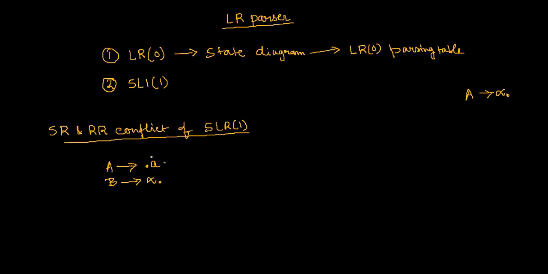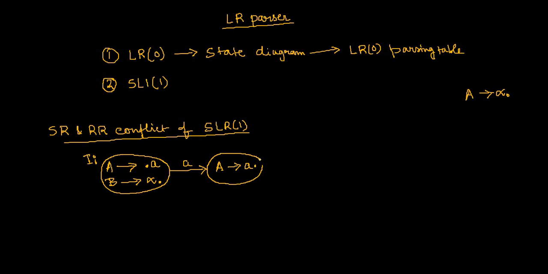Since I have a dot before A, if I consider this is some ith state, Ii, it will go to another state Ij due to the transition on A, containing A dot and other production rules, which I am not interested in for that part.